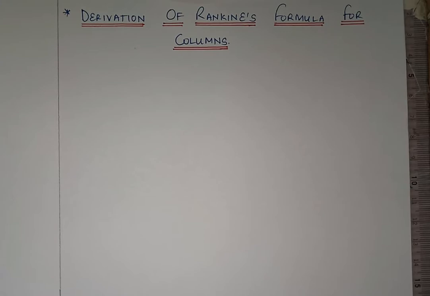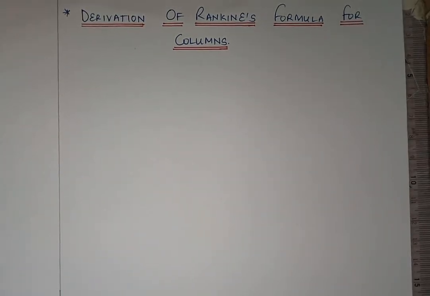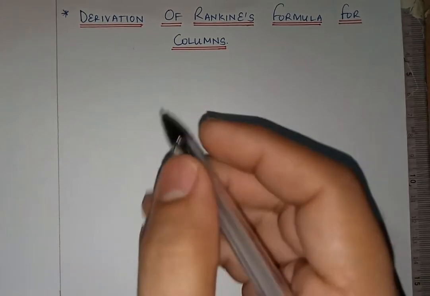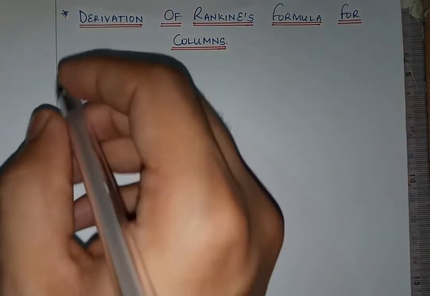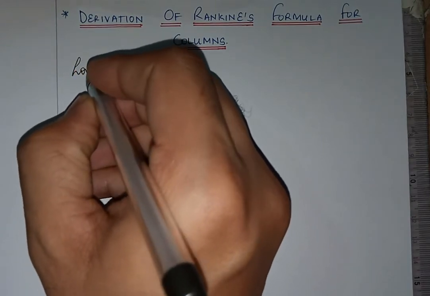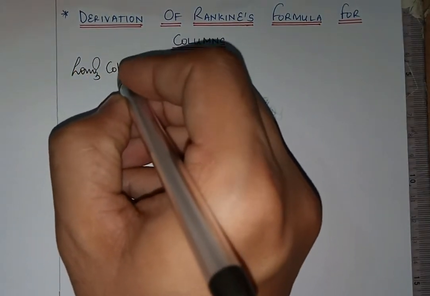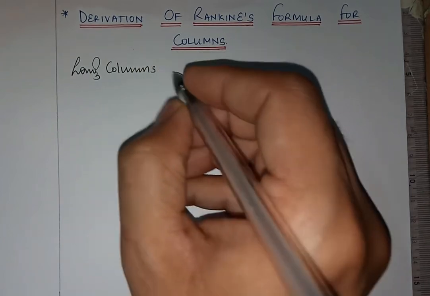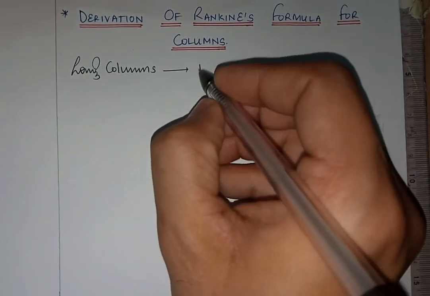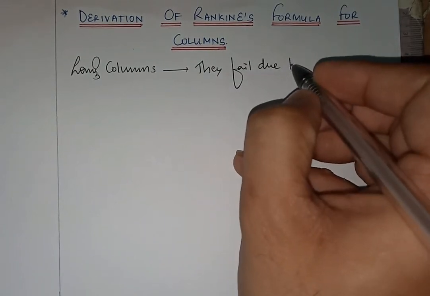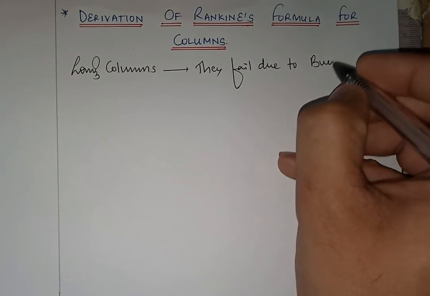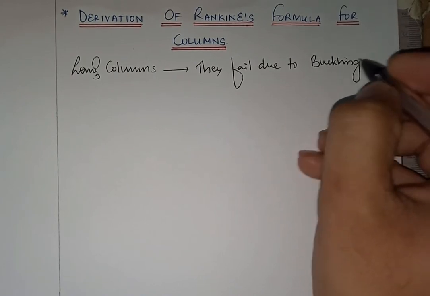Now, in our very first video session I told you that there are three types of columns: short columns, long columns, and intermediate or medium columns. Long columns fail due to buckling.